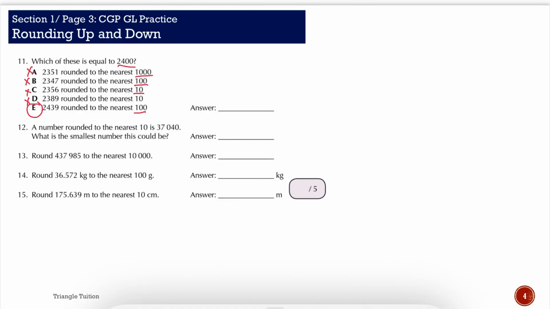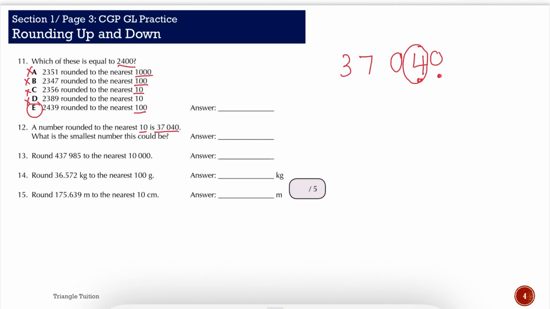Now let's check the next question. A number rounded to the nearest 10 is 37040. So we have a number 37040. This one is rounded to the nearest 10. So this is ones, this is tens.